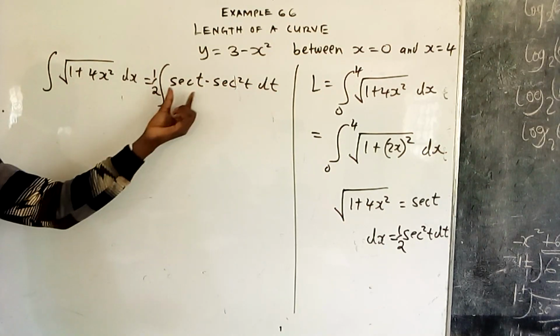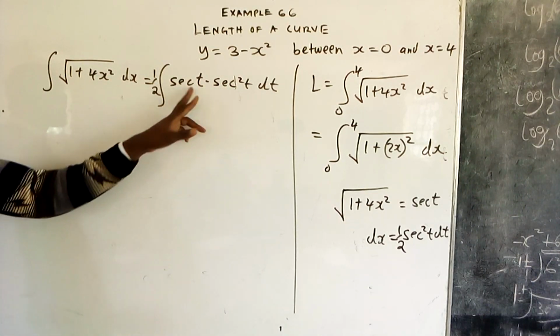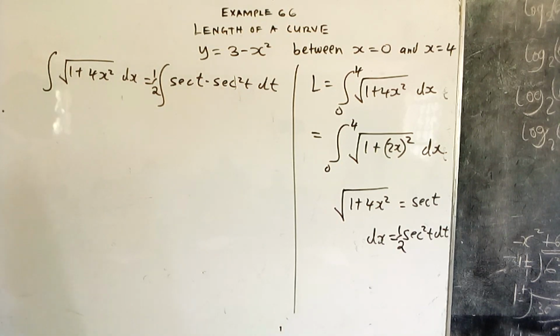So are you seeing? This is integration by parts. You are integrating sec cubed. For you to integrate sec cubed, you manipulate it in a manner that it is 2 functions, isn't it? You can recall how we integrated sec cubed in integration of trigonometric functions, isn't it?